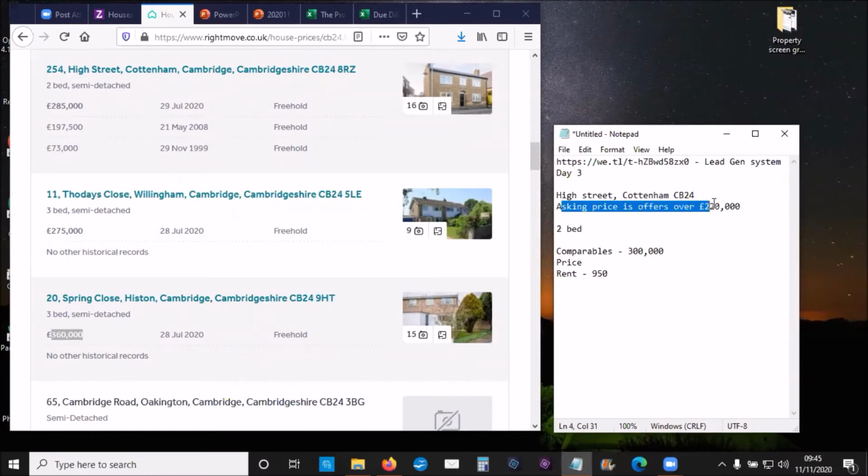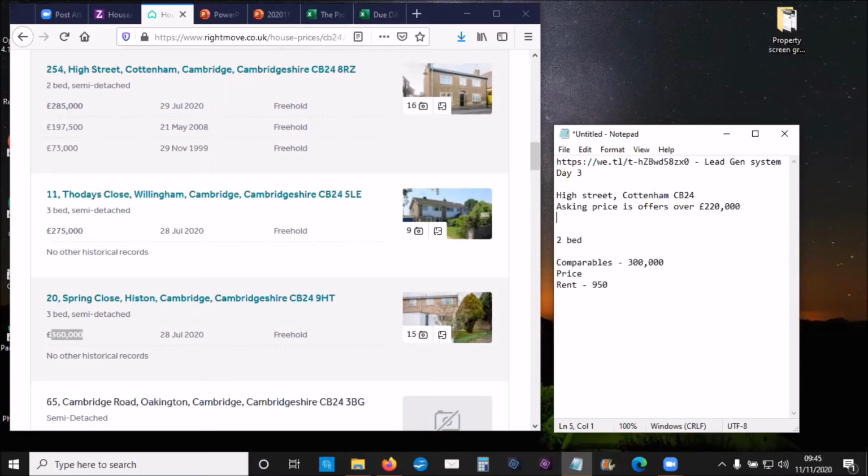Because if it says here asking price offers over 220,000, it's been on there for over a year. It's already been reduced. I don't think they want a further discount than what they're asking for. And if we want to be able to get this property, we are going to have to give a little bit in terms of what the vendor is asking for.